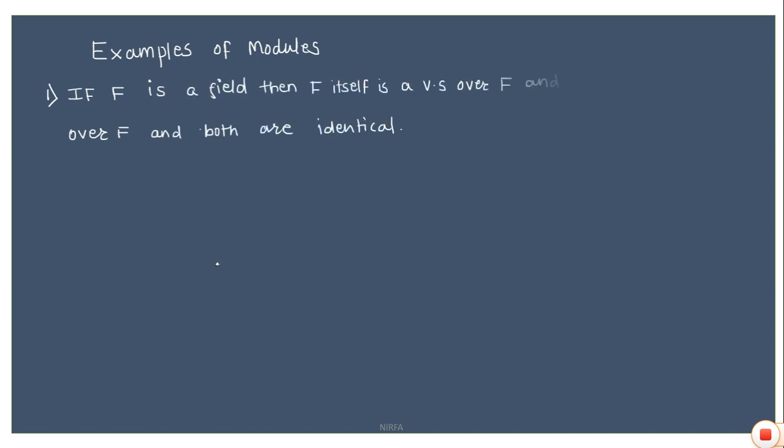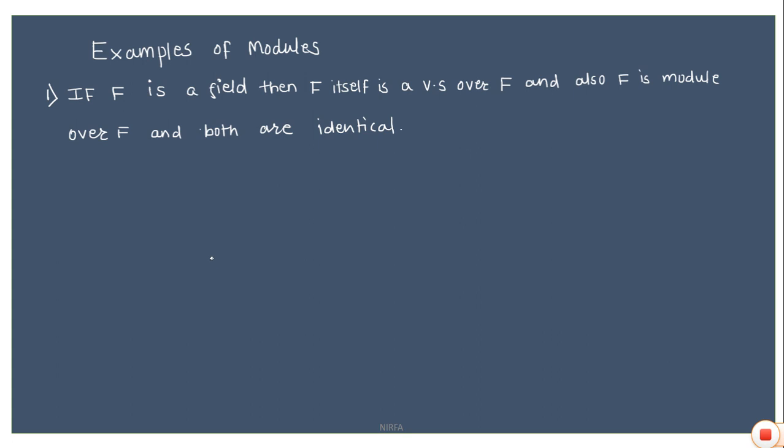Now, we will see some trivial examples of modules and try to understand their connection with vector spaces. The first example is if F is a field, then F itself is a vector space over F, and also F is a module over the same F, and both vector space and module are identical.